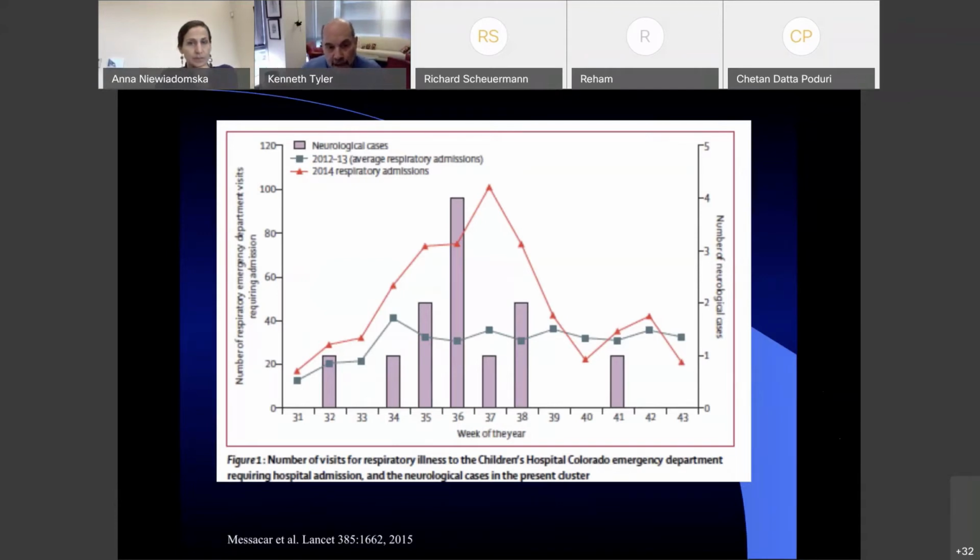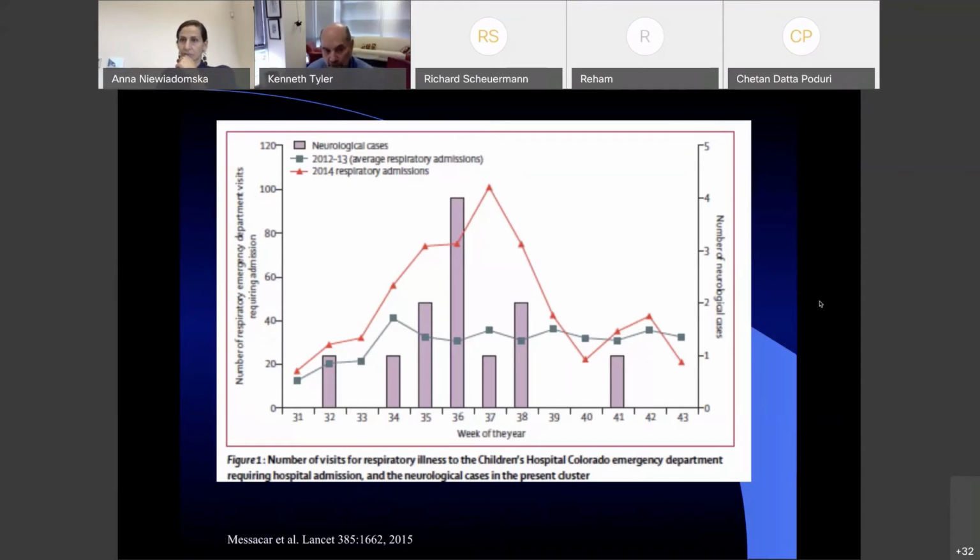If you look just at the line part, not the bar part, of that graph, you can see in the green-blue line that in a typical year, the Children's Hospital at Colorado might admit about 20 patients per week who came to the emergency room for respiratory infections. And if you look at the red line, you can see that in the summer of 2014, this number had increased by anywhere from 2 to 3-fold. There was this deluge of these respiratory cases linked to Enterovirus D-68.